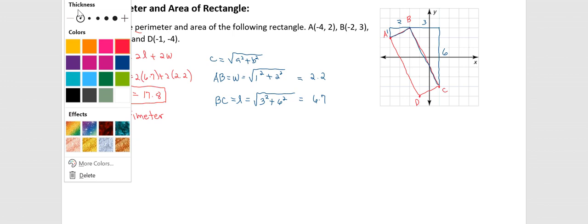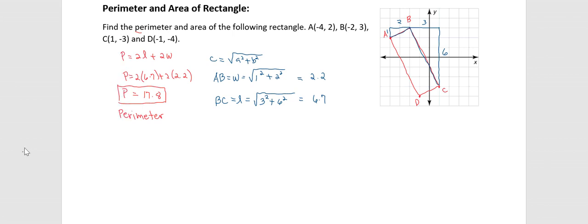The area of a rectangle is calculated by using the formula length times width. So here we said that the length of line segment AB represents the width, and line segment BC represents the length.